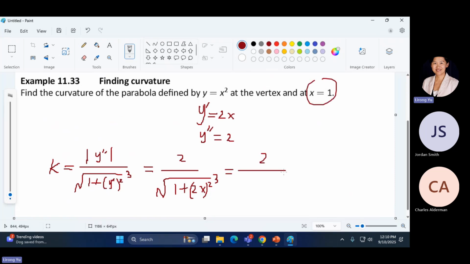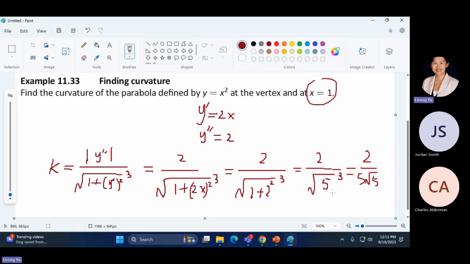It's 2 over the root of 1 plus 2 squared, and then cubed. So it's 2 over root of 5, root of 5 cubed. Or you could write that as 5 root of 5.